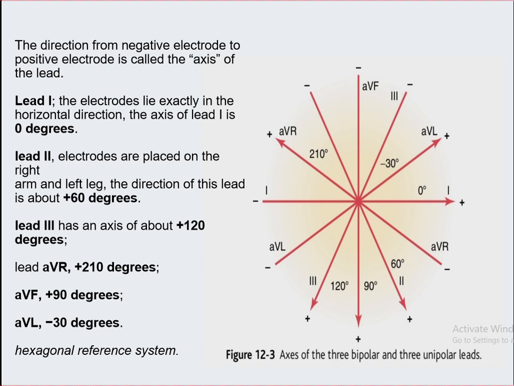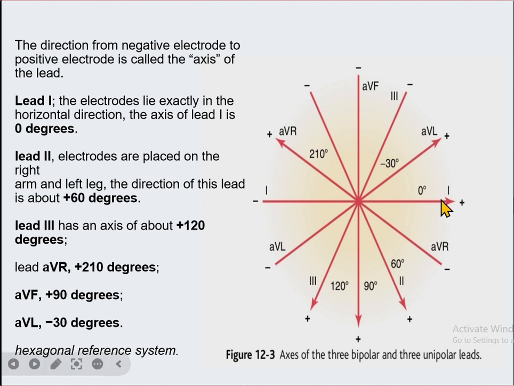We use this illustration to determine where each lead will be aligned, especially the augmented and limb leads. If we start from lead 1, it is the simplest. Lead 1 moves from the left. Imagine that this is the left hand and this the right hand. We use lead 1 as the 0 baseline.